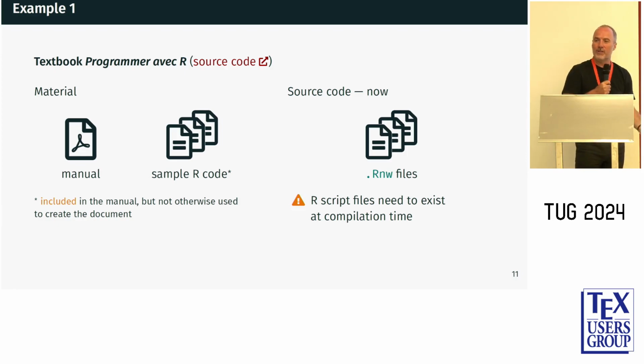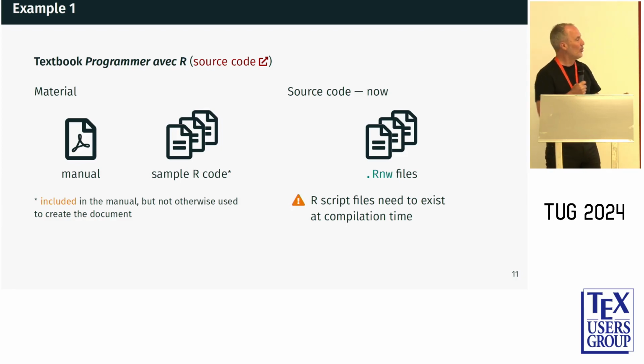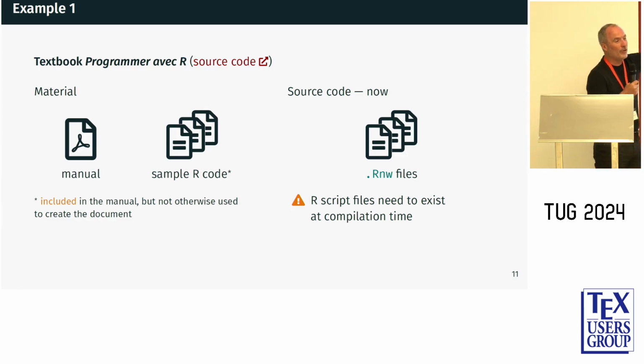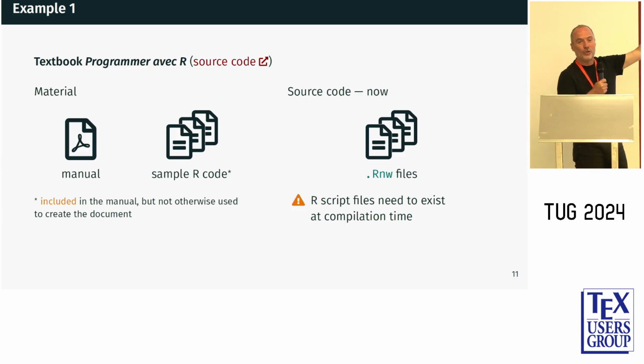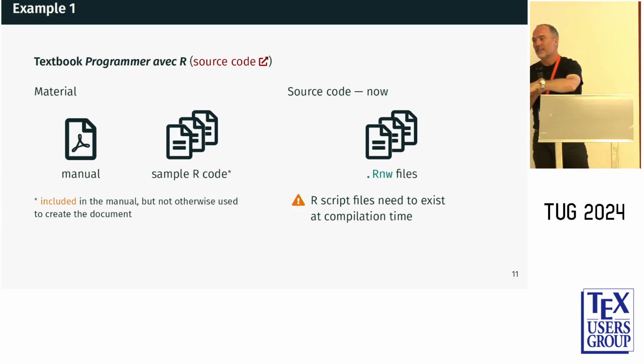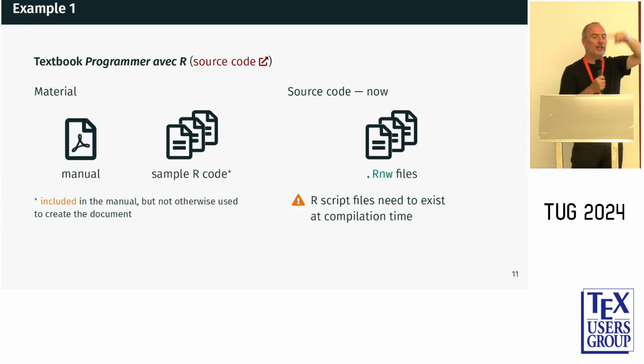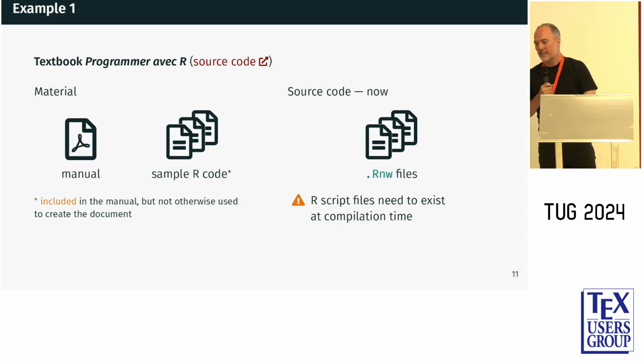So I needed to have the files present on the disk to be included back in the document. So basically we need to extract the material from the source, create the sample code, and then include back these files inside the typeset document.